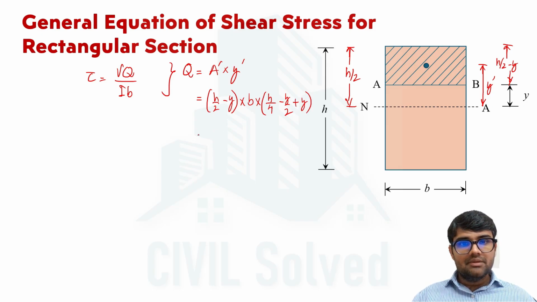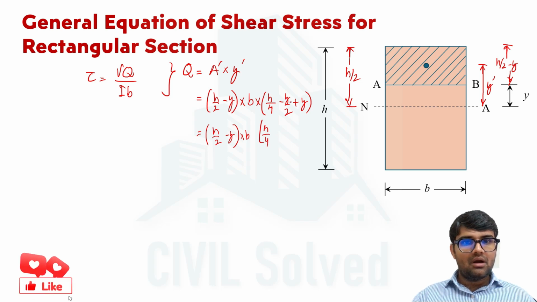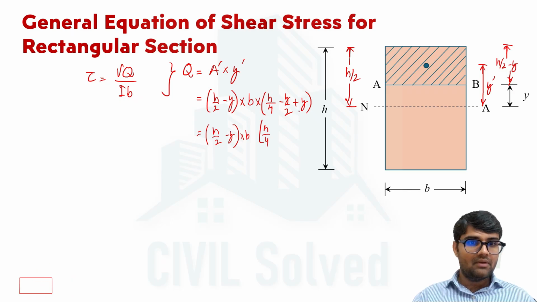Now let's have a quick simplification. Let's keep this as it is, h by 2 minus y and b. We can do some calculations here. The common variable in these two is y. h is different here, so we'll just keep the h value as it is. If we subtract half of y from y, we are left with half of y.